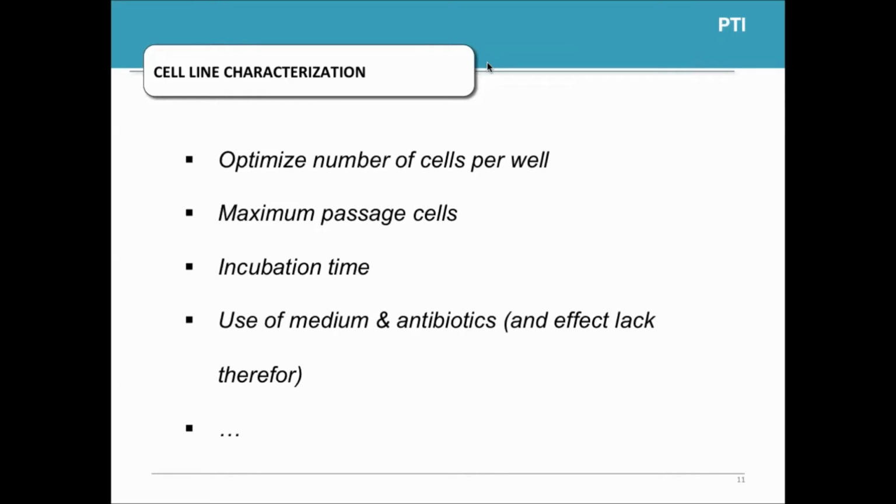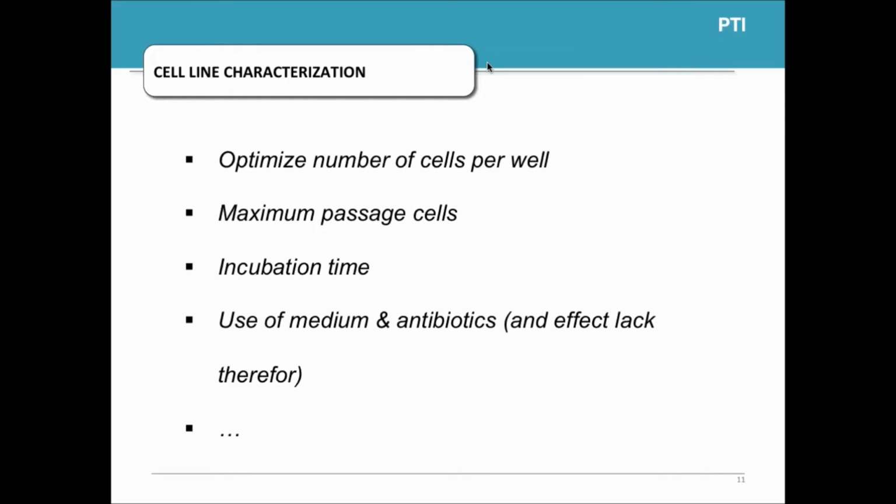Incubation time may have a huge influence on the steepness of the curve, and that may then later on be a factor that can come in handy when you do parallelism testing. The use of medium and antibiotics, and later on the effect or lack thereof, as you do want to at some point work without antibiotics.